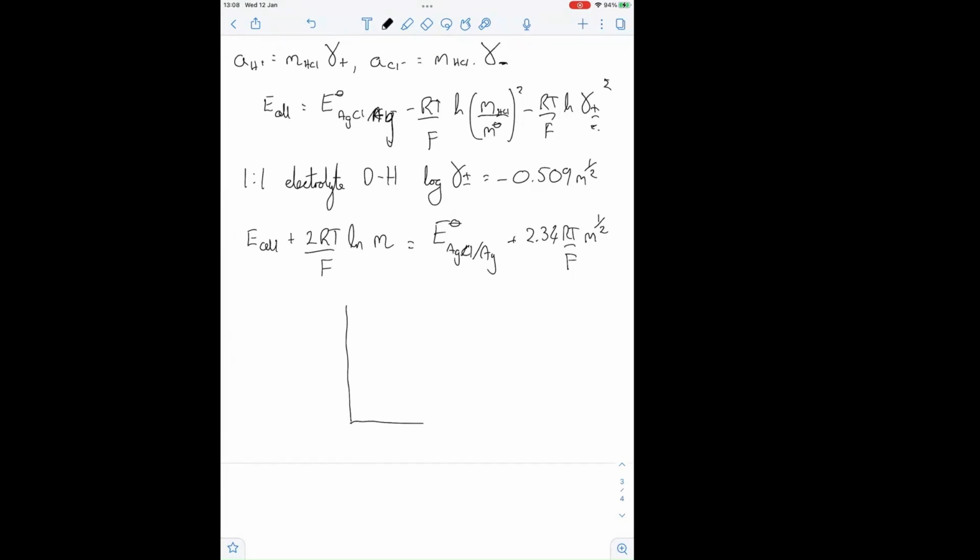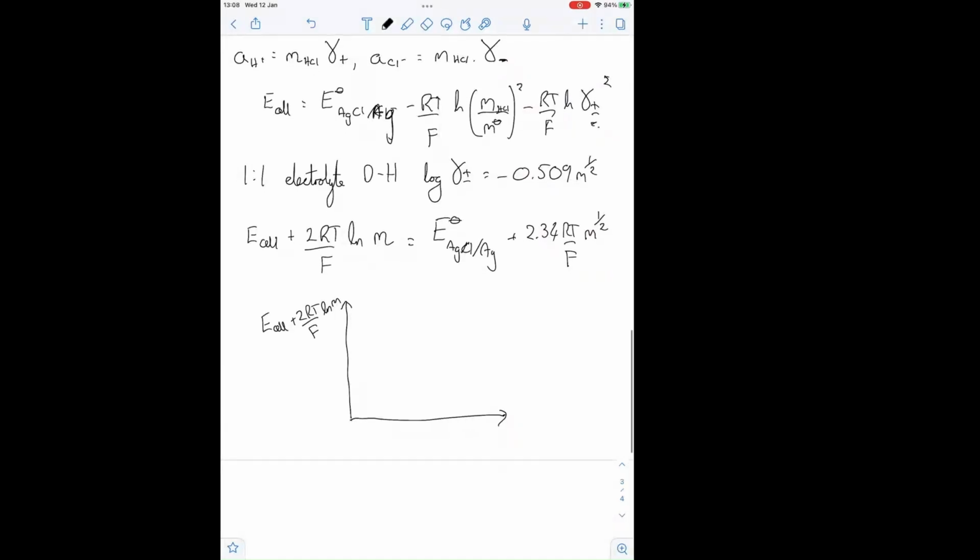So the way old-fashioned electrochemists would do this is they would plot the left-hand side of that equation, the measured E cell plus 2RT over F log M, and they'd vary the molarity of the solution, and they plot that against molarity to the half. And they would have some points. Now, because the Debye-Huckel breaks down at high concentrations, it bends away from a straight line.